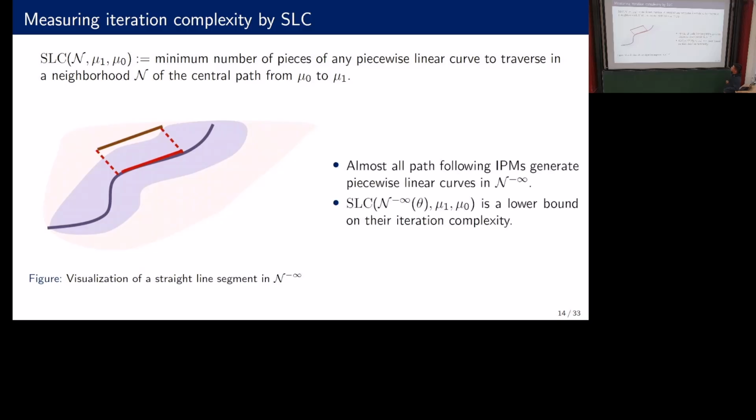It is by the nature of path following IPMs that the trajectories generated by them stay in a certain wide neighborhood. So you basically consider two subsequent iterates and connect them by a straight line. Then that straight line is guaranteed to stay in a certain wide neighborhood. Hence, this SLC in the wide neighborhood is a lower bound on the iteration complexity of any path following interior point method to reduce the gap from mu0 to mu1.